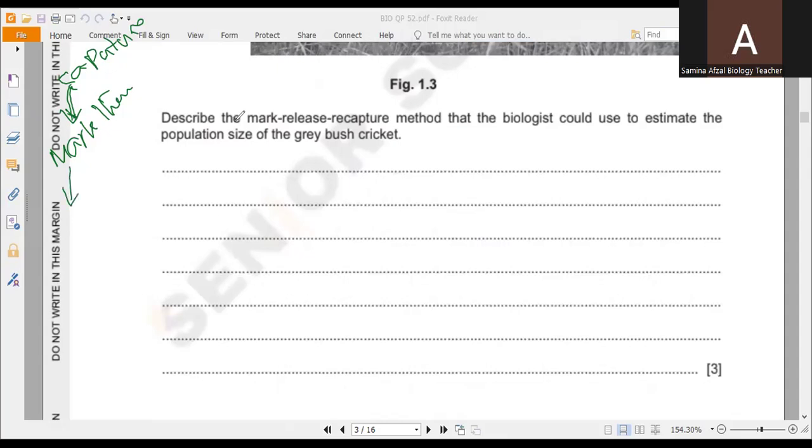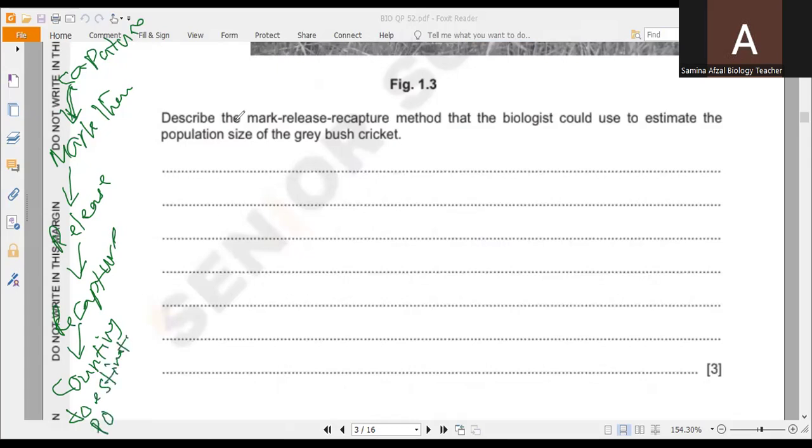After marking, they will release them, and after releasing, they will recapture at some other time, and then they will estimate, counting to estimate population size. So we will describe these 3-4 steps.